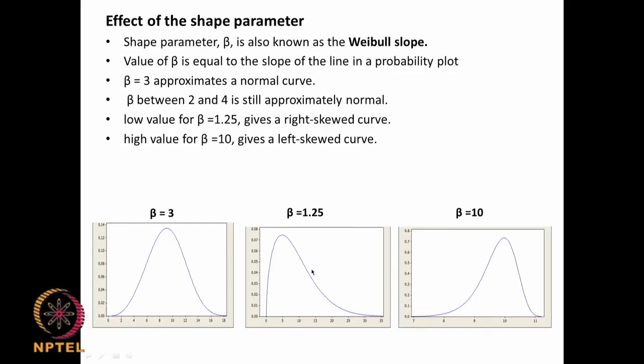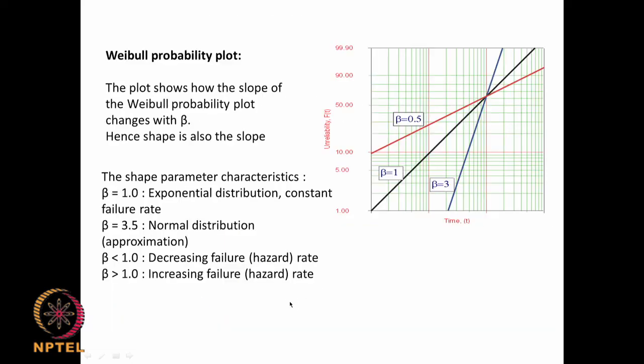The first one is called the shape, it tells you what it looks like, whether it is normal, whether it is skewed. So, if beta is less than 1, it is a decreasing failure rate, greater than 1 it is an increasing failure rate. Okay. Beta equal to 1 is a constant failure rate.